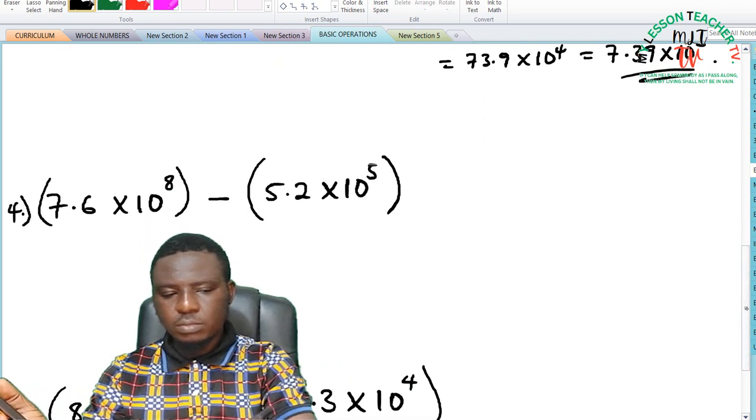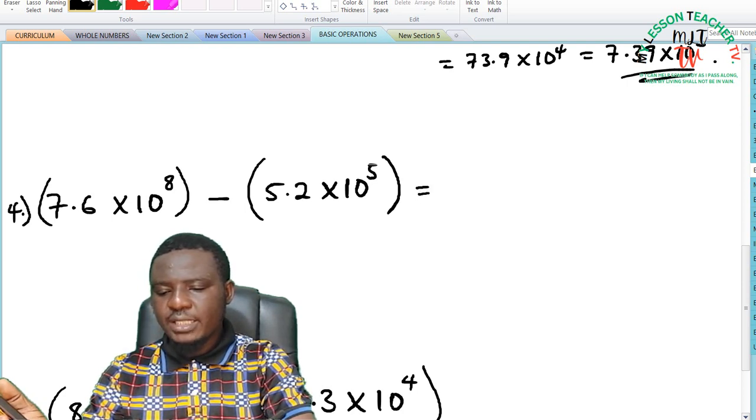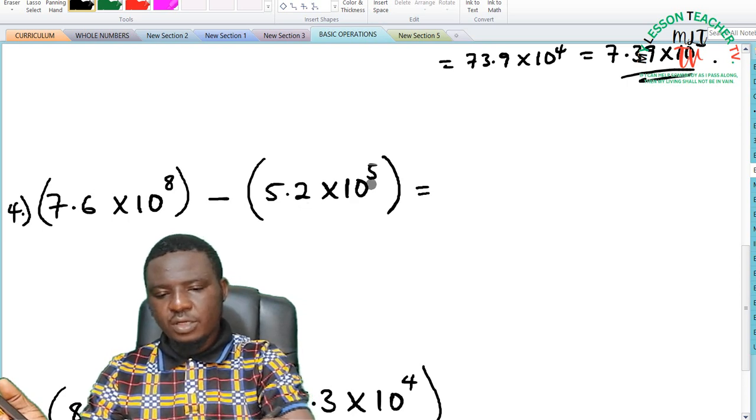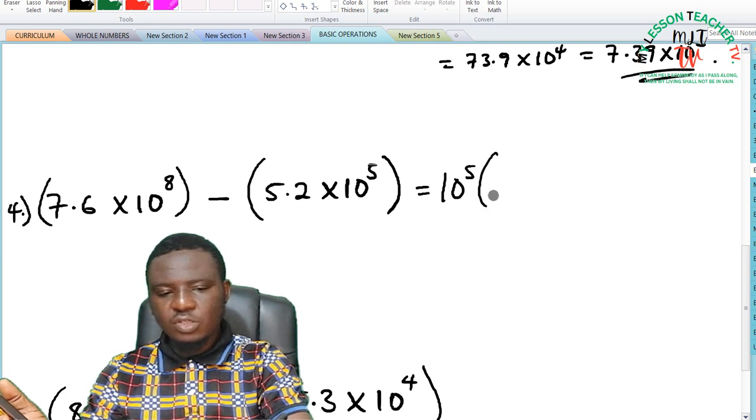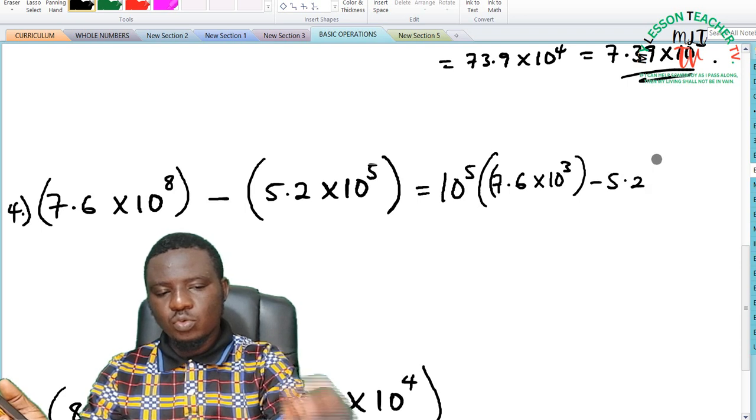Question 4, we have 7.6 times 10 raised to the power of 8 minus 5.2 times 10 raised to the power of 5. Factorizing out 10 raised to the power of 5, this gives us 7.6 times 10 raised to the power of 3 minus 5.2.